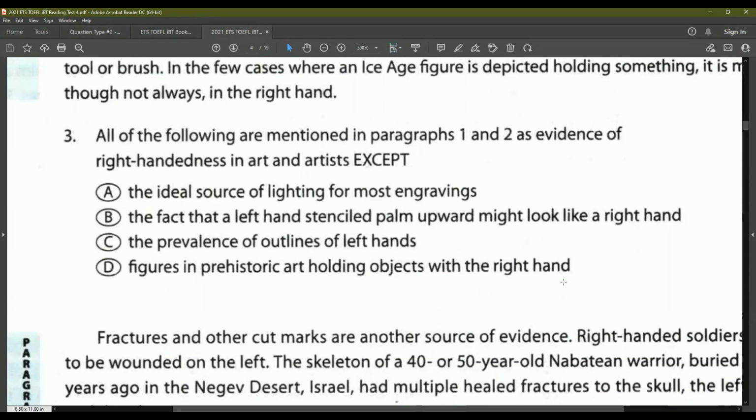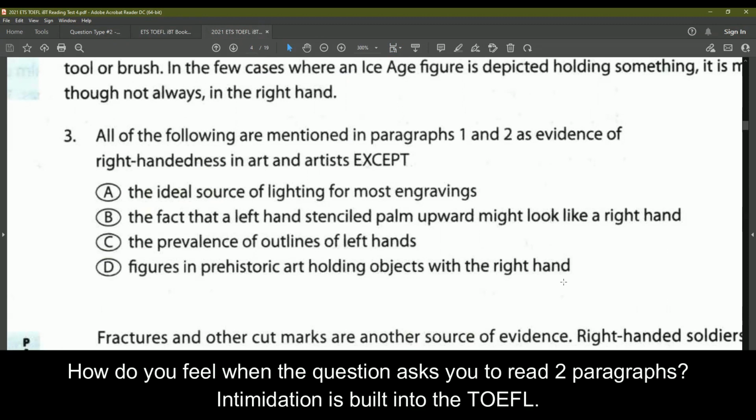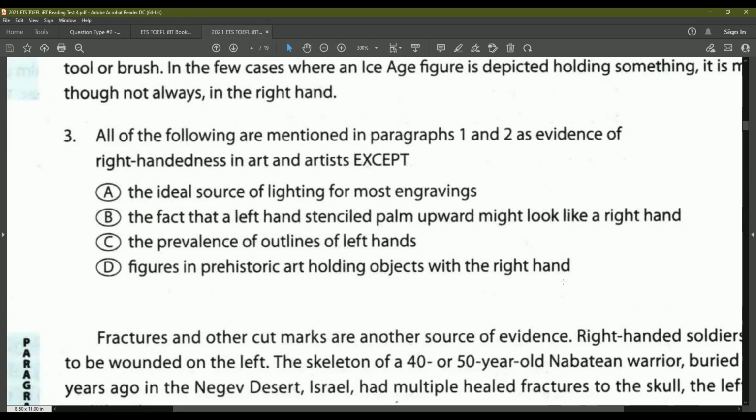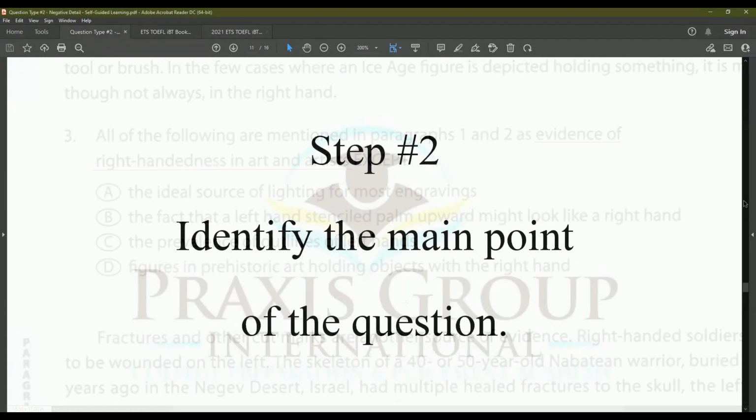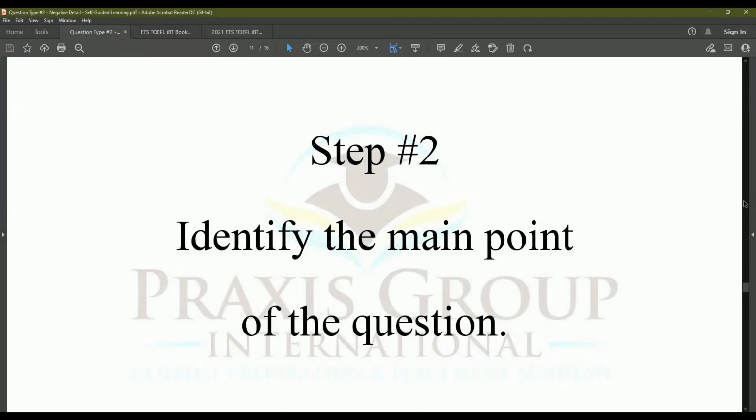In this case, what is the question asking about? All of the following are mentioned in paragraphs 1 and 2 as evidence of right-handedness in art and artists EXCEPT. What's it asking about? Evidence of right-handedness in art and artists. Well, that was easy. Now let's go to step number 3.